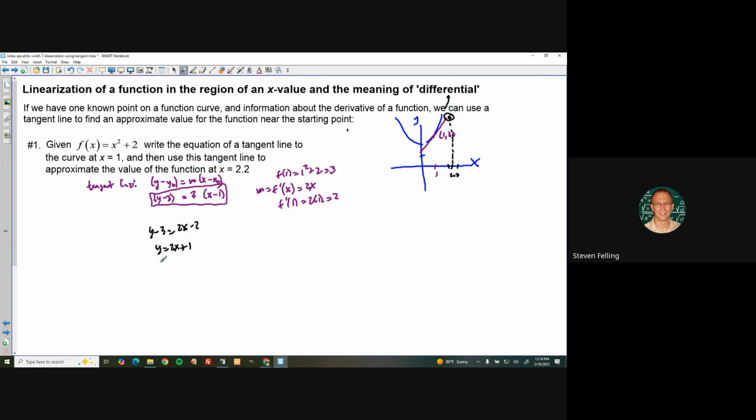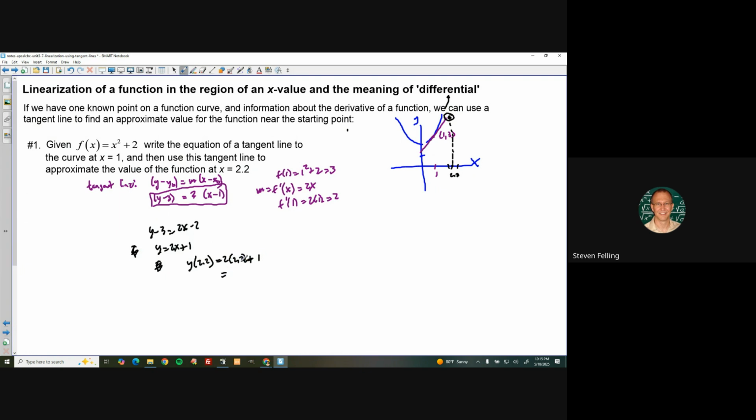And you can think of that as a function now. So let's define that. Well, I shouldn't call it f because I already have that. So let's just say y evaluated at 2.2 is going to be 2 times 2.2 plus 1. A lot of times, questions like this, if they're free response, will be on the non-calculator part, so you have to be able to do simple multiplication and division.